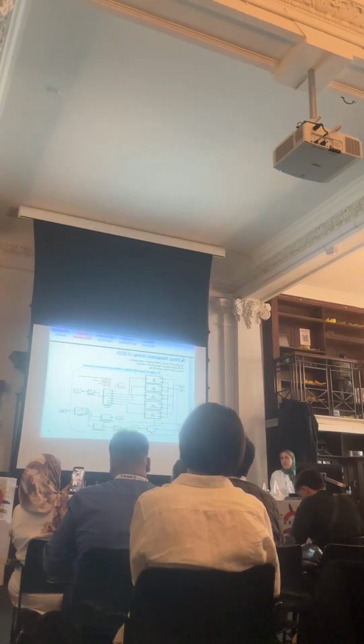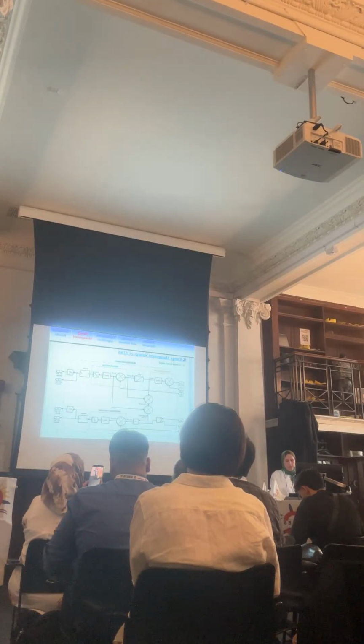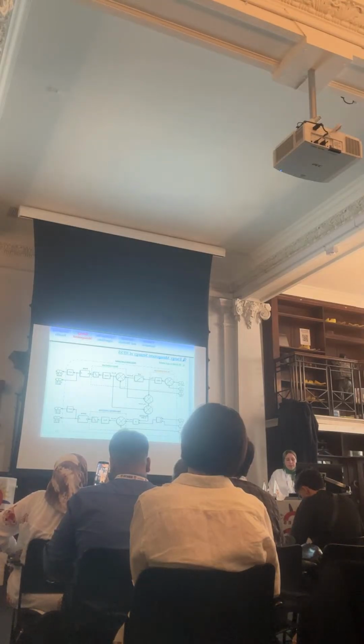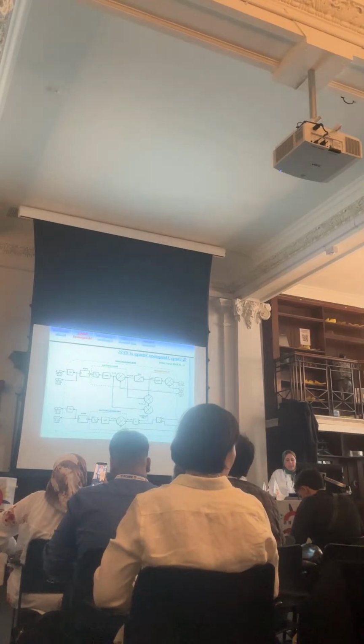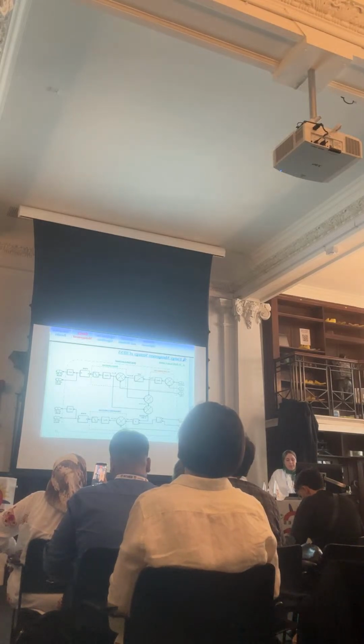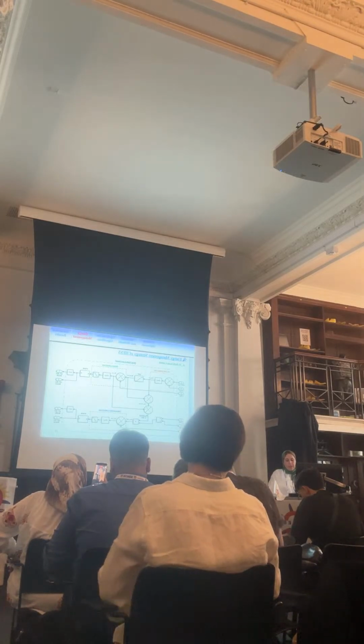Multi-loop PI control is used, with three loops: two for currents, battery and supercapacitor, plus one for DC bus voltage. The principle is low frequency battery and high frequency supercapacitor decoupling.